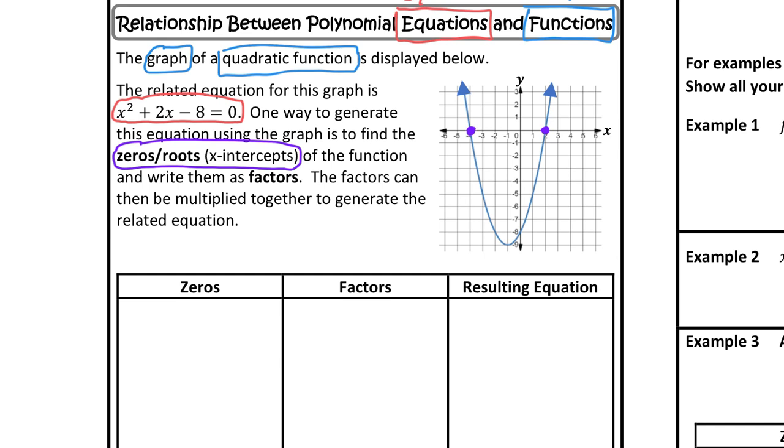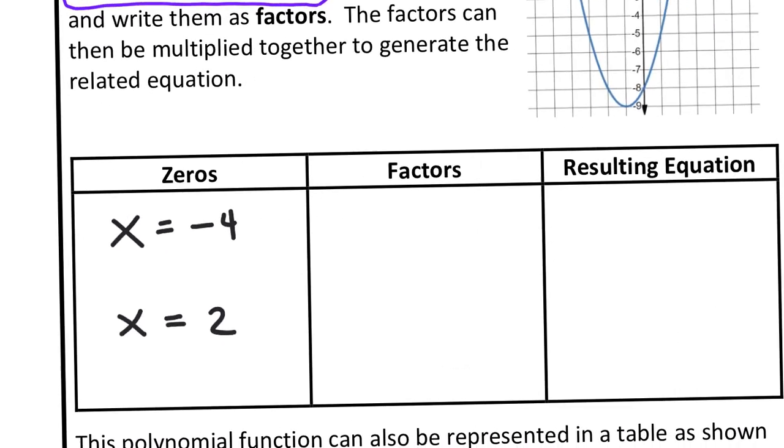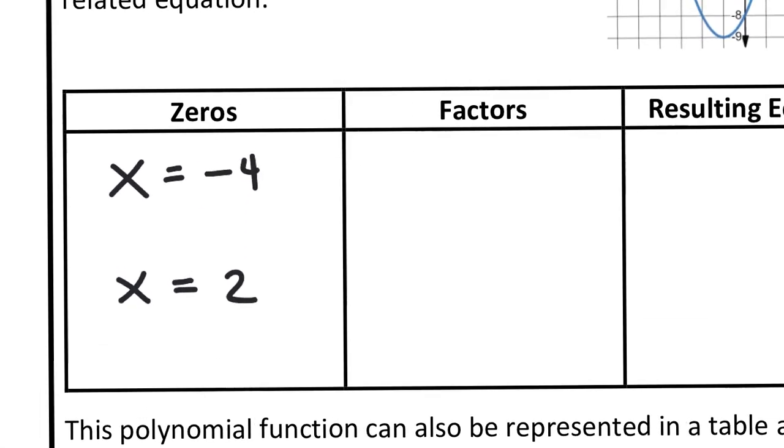Right, so I have two x-intercepts, one at x equals -4, and one at x equals 2. Okay, so now I'm going to zoom in a little bit, just so that I can use the space that I have here.